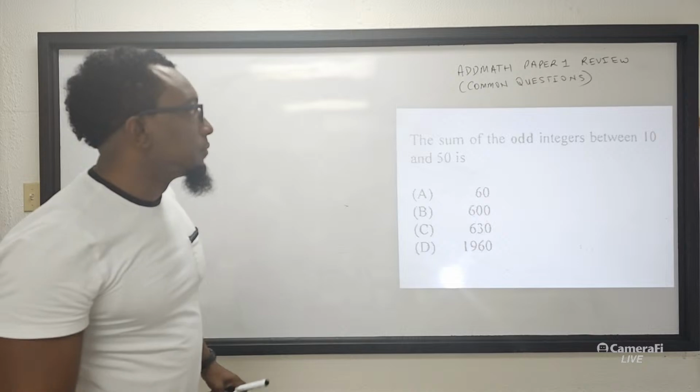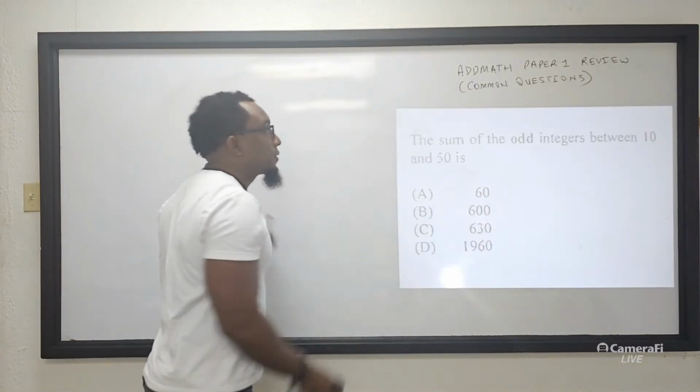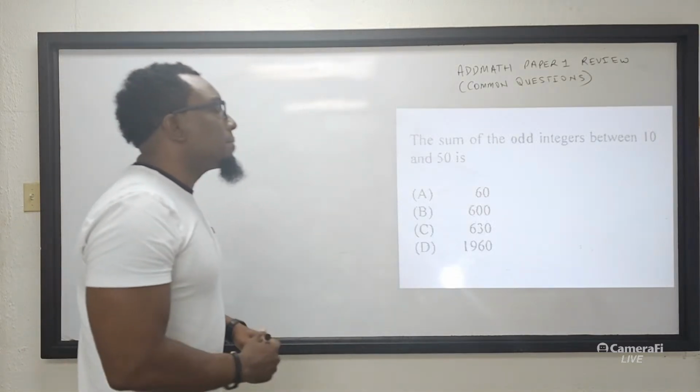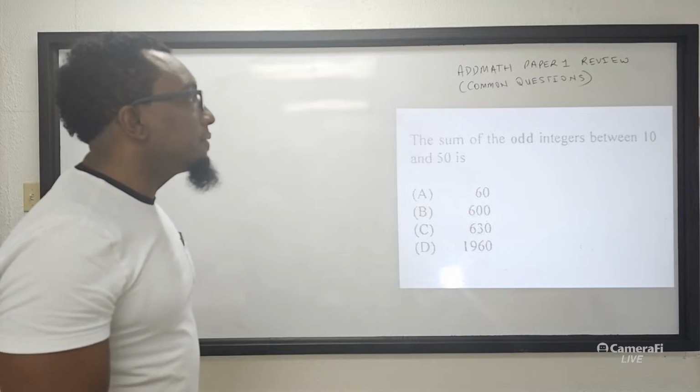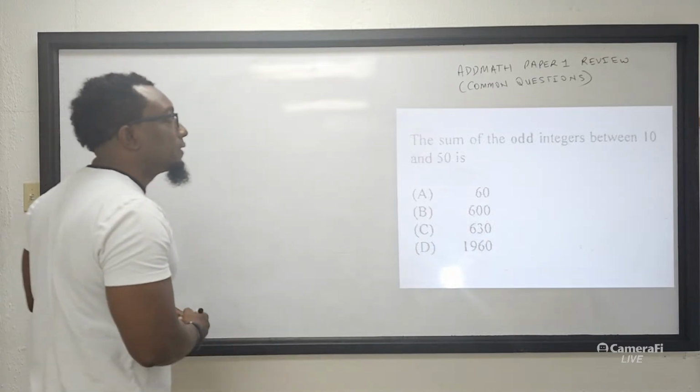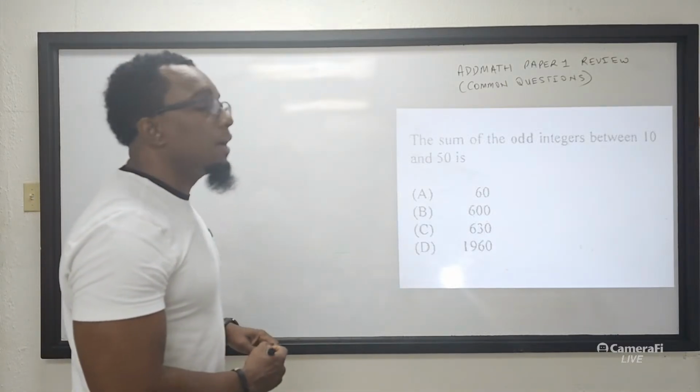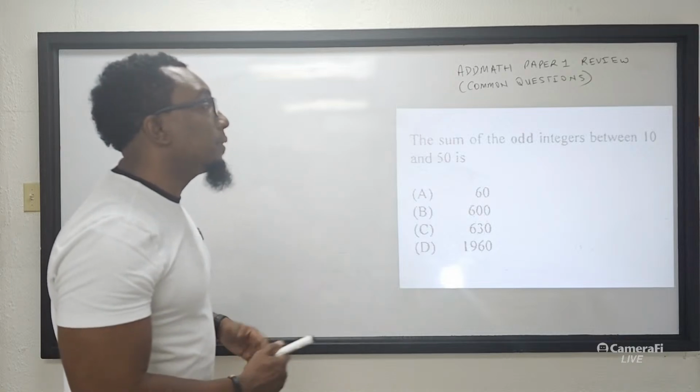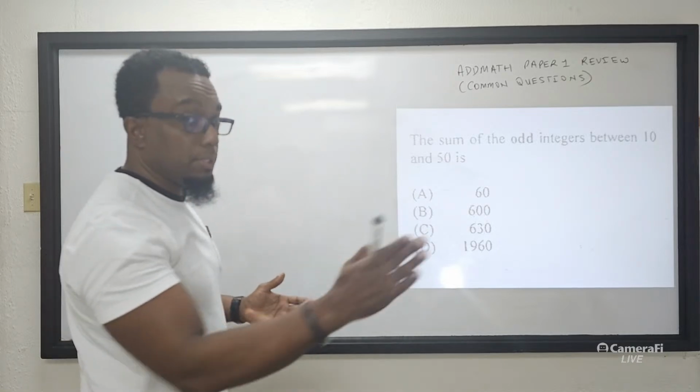Right, so this is another common one. The sum of odd integers between 10 and 50 is. So, sum of odd integers between 10 and 50. Our odd integers, of course, integers can be positive or negative numbers. We're focusing on positive integers here.